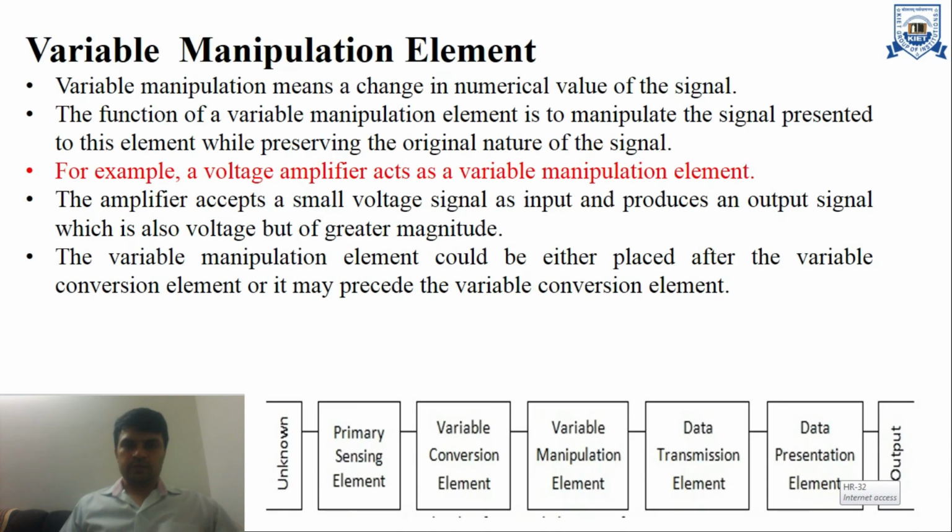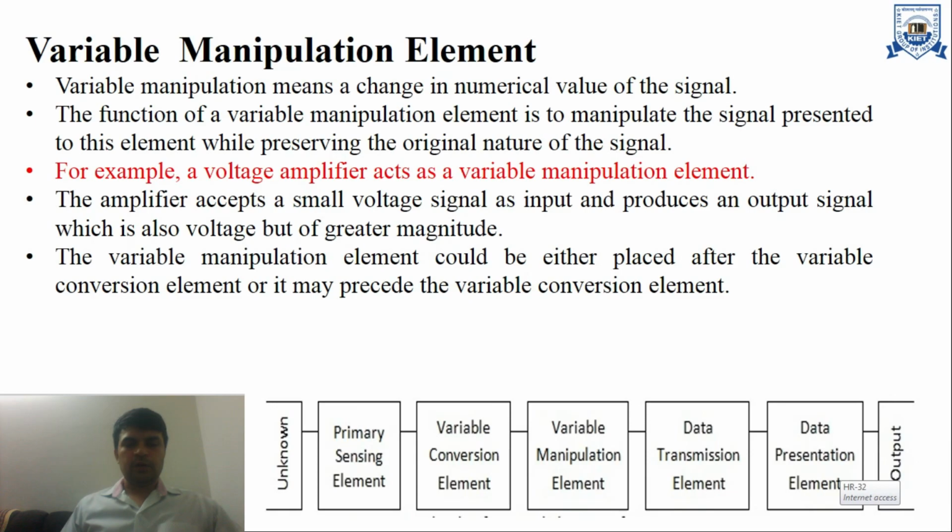For example, a voltage amplifier acts as a variable manipulation element. The amplifier accepts a small voltage signal as input and produces an output signal which is also voltage but of greater magnitude.